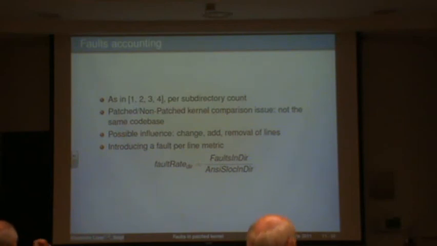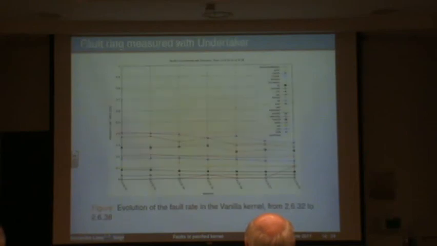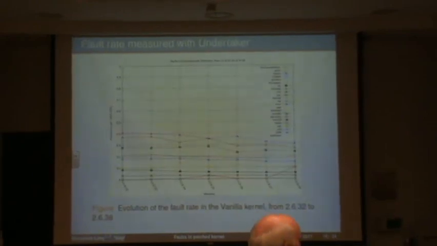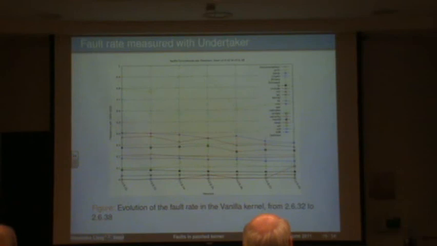Thank you. Any other question? Out of the 15 patches you committed to the mainline kernel that were accepted, are they documented in your paper? It's not me, it's an Undertaker paper. I don't remember if they documented it.